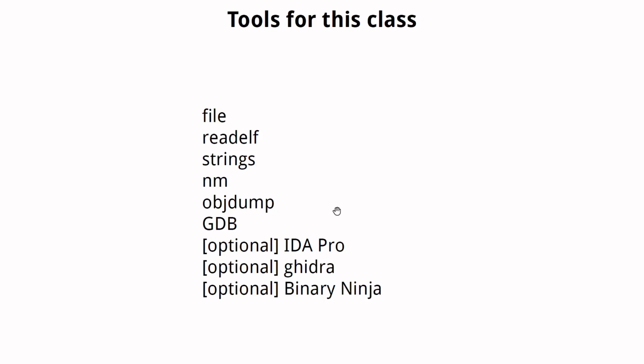But if you want to use other more advanced tools, you are allowed to do that. There is the IDA Pro free version. Ghidra is a tool developed by the NSA. It's also free and open source. IDA Pro is still the best one, but it's not open source and not free. There is a free version, which is enough for this class. Also, there is another tool, Binary Ninja, which has been quite popular recently.